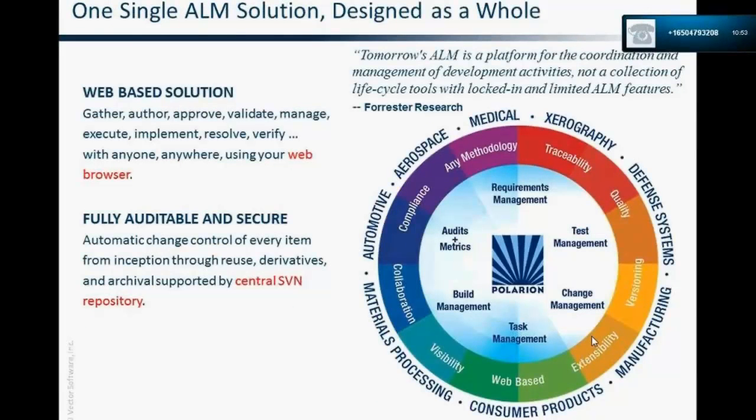Polarion, like I said, is built as an ALM platform, so you can do everything and you don't need to build these bridges. You've got requirements management, test management, change management, everything in it, and it's just because of the license what type of features you will get, and you can combine these. And companies like Forrester had a look at ALM, and they think Polarion is tomorrow's ALM platform, so we are doing a good job.